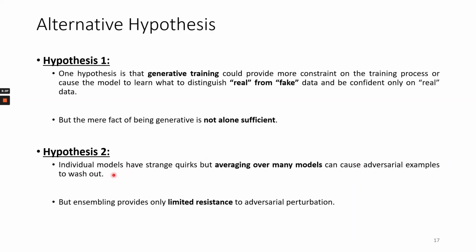To this hypothesis, after some experiments, the authors did find that ensembling to some extent helps limit the effects of adversarial perturbation, but it is not completely removed. It is only limited. So this shows that ensembling is still not a good solution to combat the effects of adversarial perturbation.